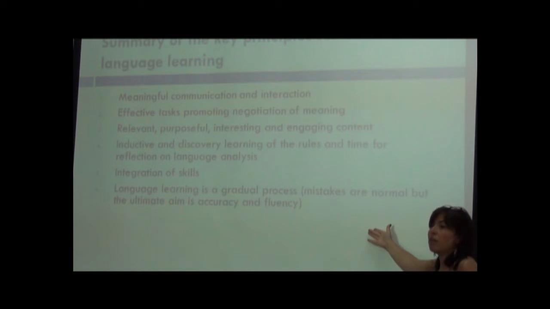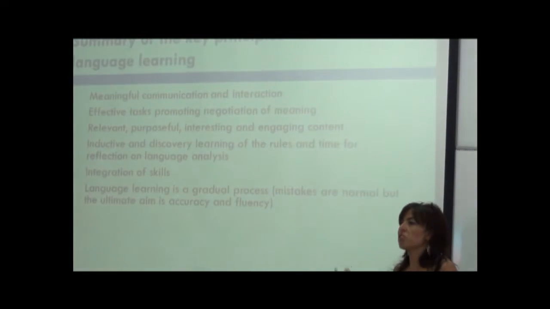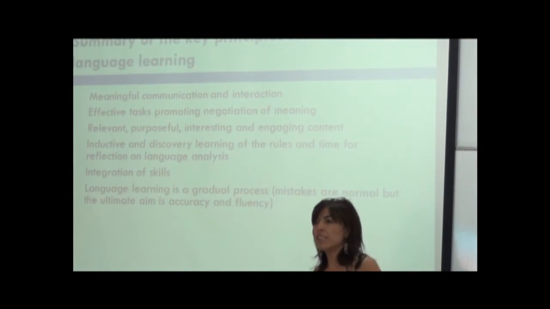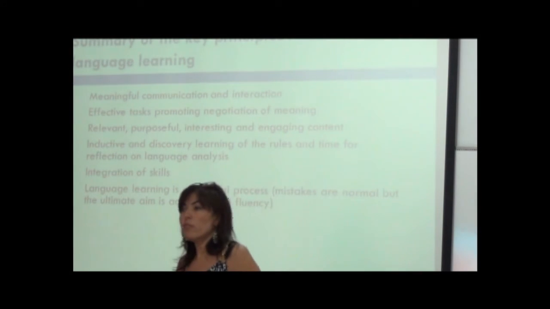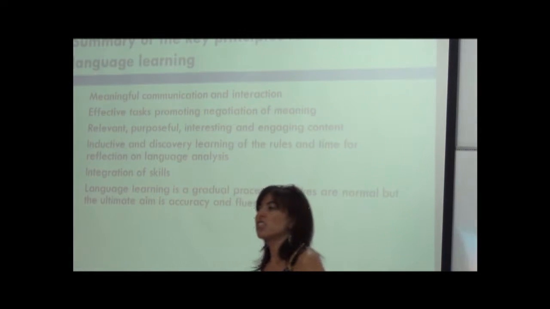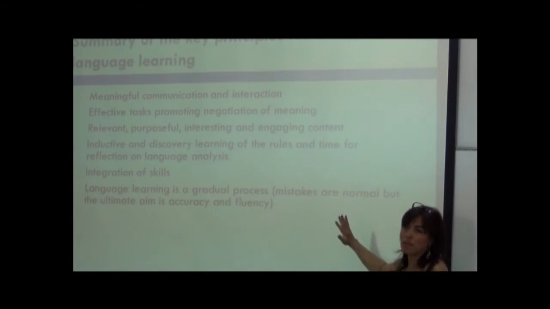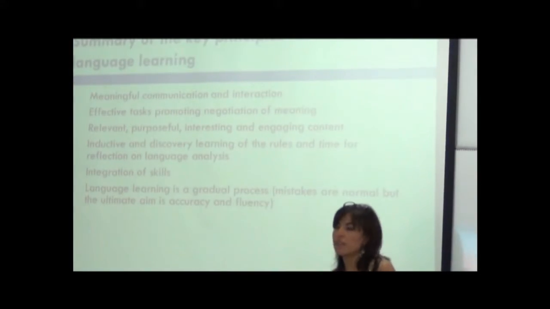Of course, our ultimate aim is accuracy. Even though there is the communicative approach, and communication is the ultimate key, yes, it is important, but of course we would like to reach accuracy as well. We cannot ignore it completely. But in the process, mistakes are normal, part of it. It shows that they are trying.